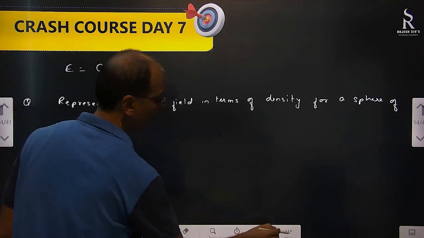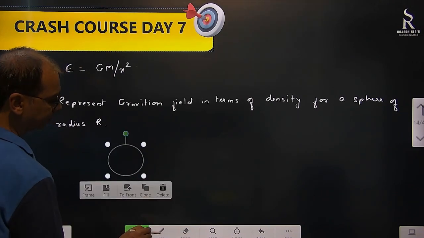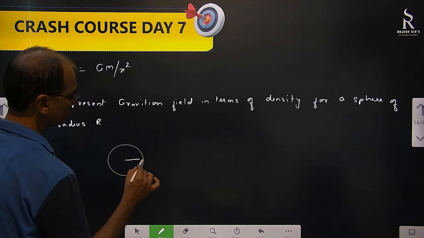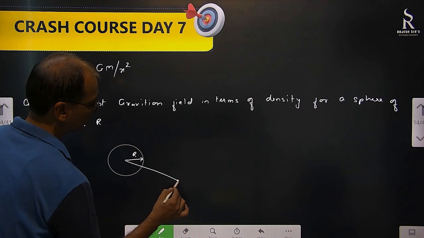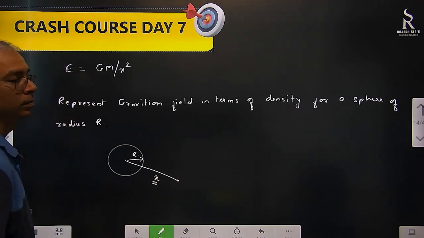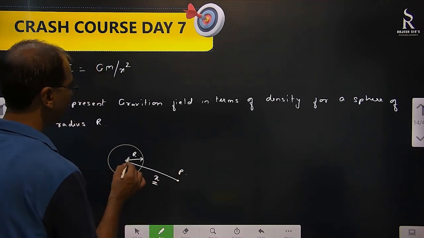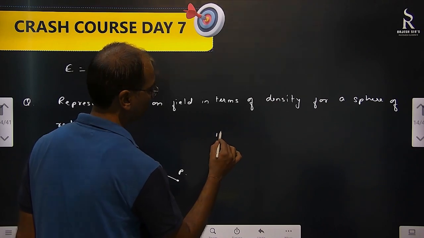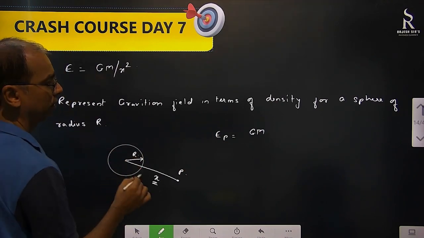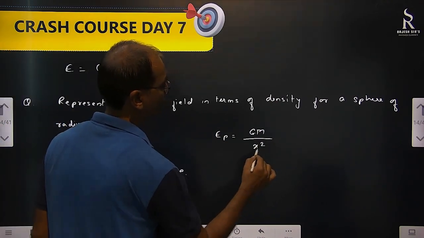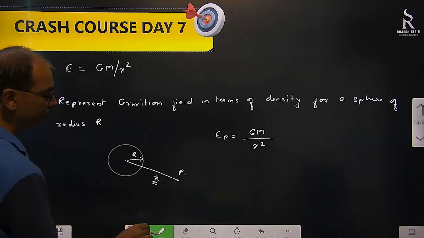So we take one small sphere here. This is its radius, and we find its gravitation field somewhere outside at distance x. At this point P, the gravitation field is G times mass of the sphere by x square. Now he says write in terms of density.